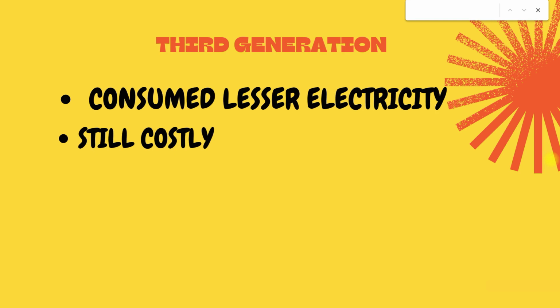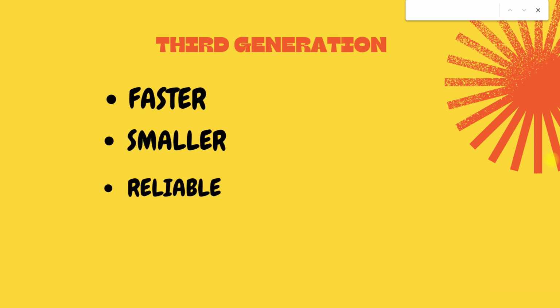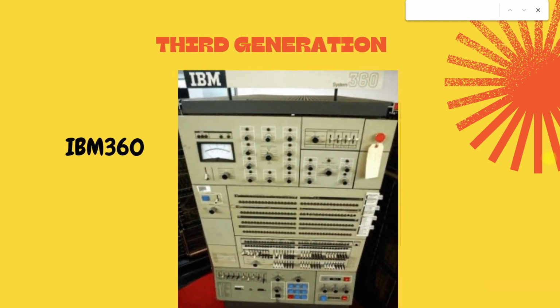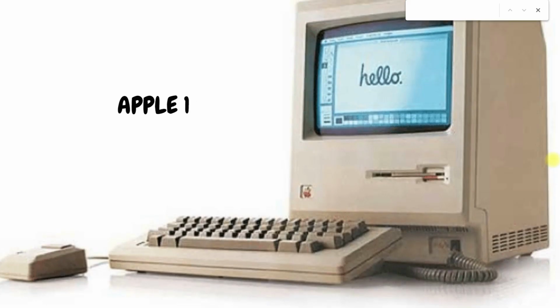Still, it's very costly, faster, smaller and reliable. Examples for third generation computers: IBM 360, Apple I.